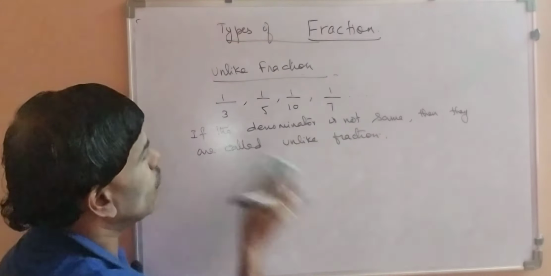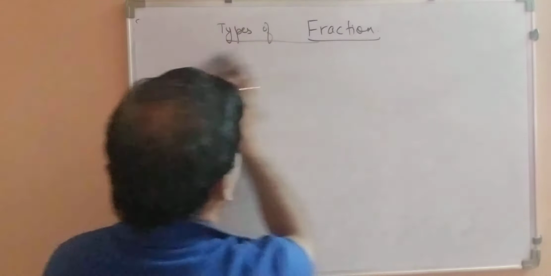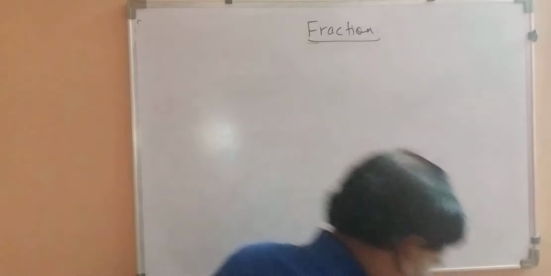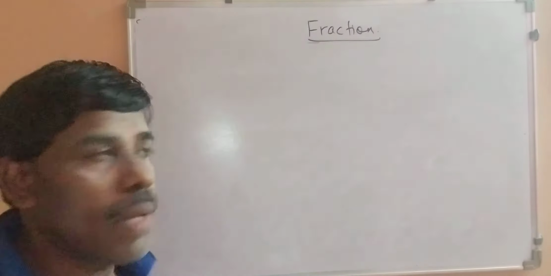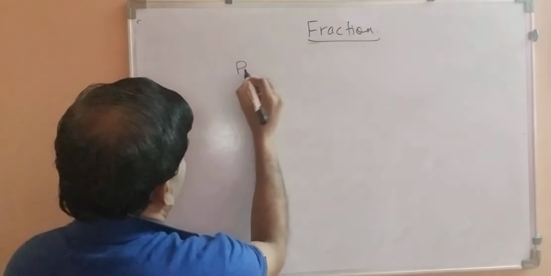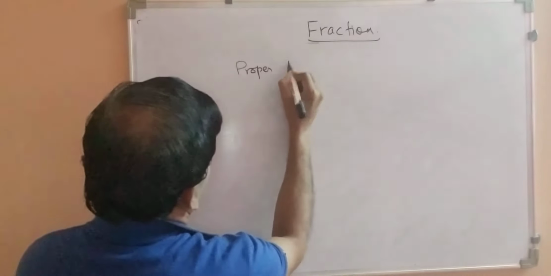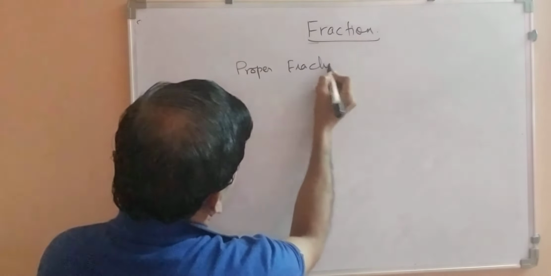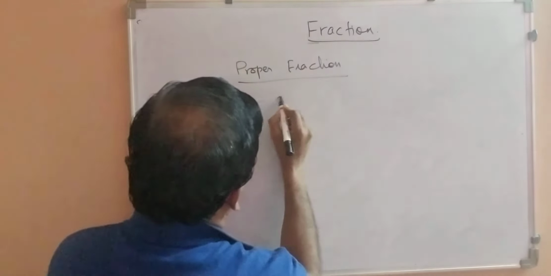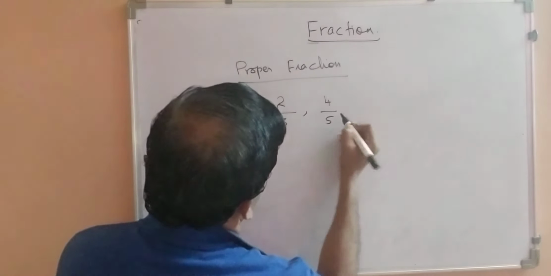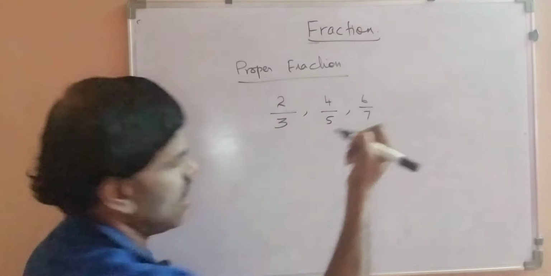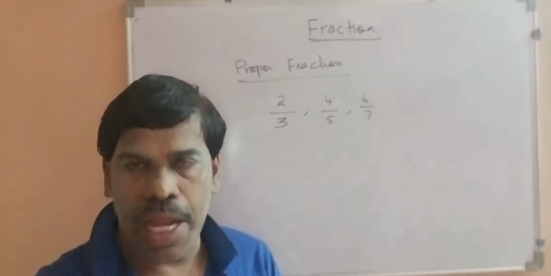Now we are coming to the types of fraction. First, proper fraction. What do you mean by proper fraction? 2 upon 3, 4/5, 6/7. Look at these fractions.